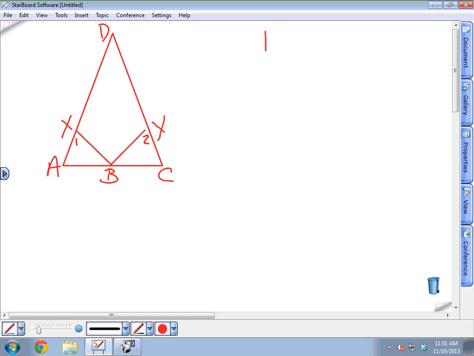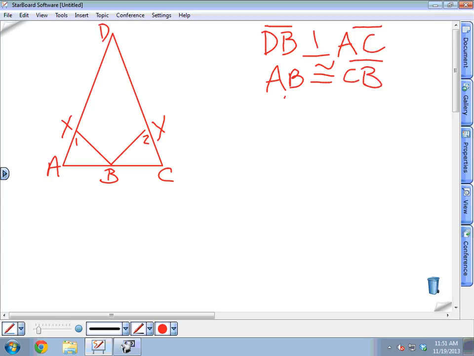I'm given DB is perpendicular to AC, AB is congruent to CB, and angle 1 is congruent to angle 2.